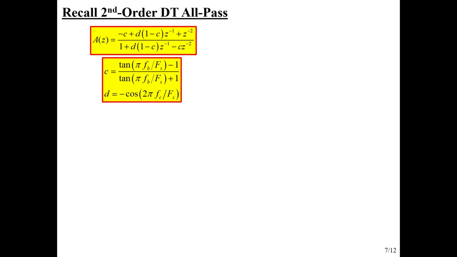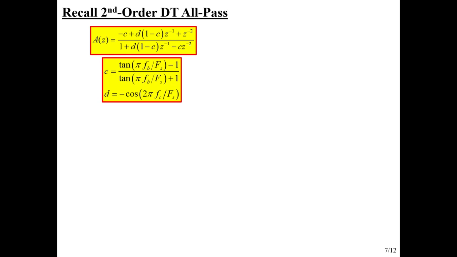Let's remember our second order discrete time all pass filter. And again, you can learn about the analog versions of these things by going to the electrosmash.com webpage. I think they analyze maybe the MXR Phase 90, which was one of the first and classic analog phasers.